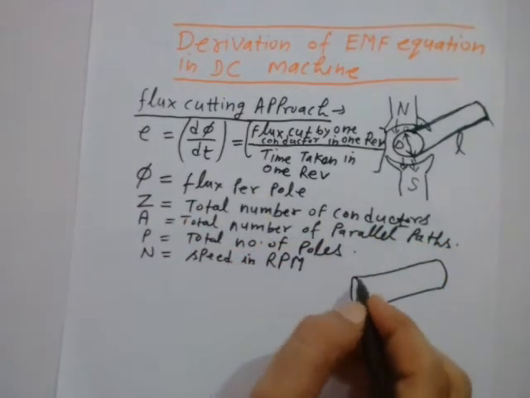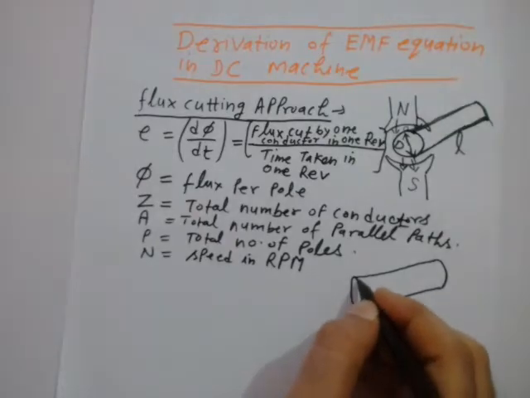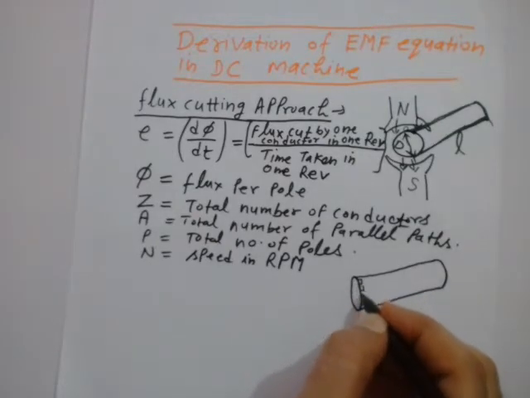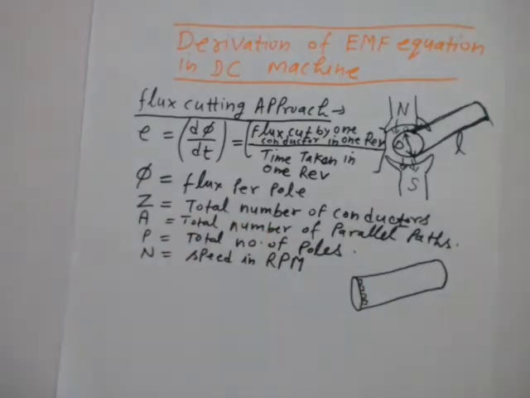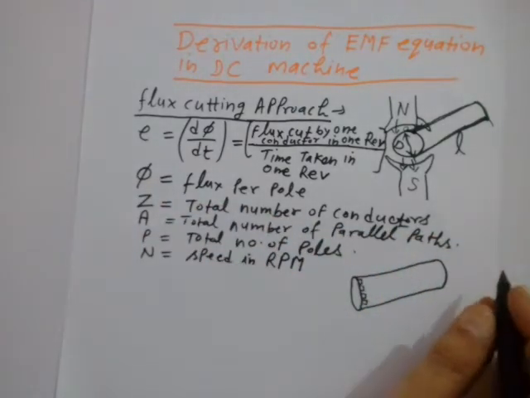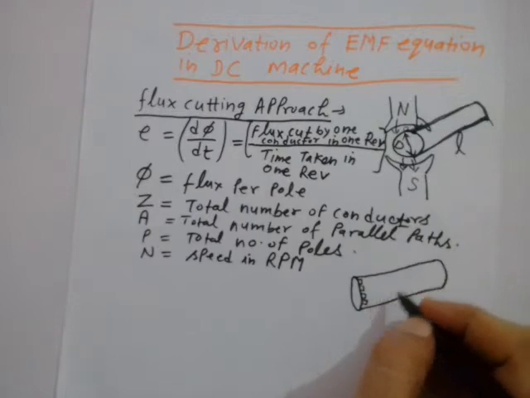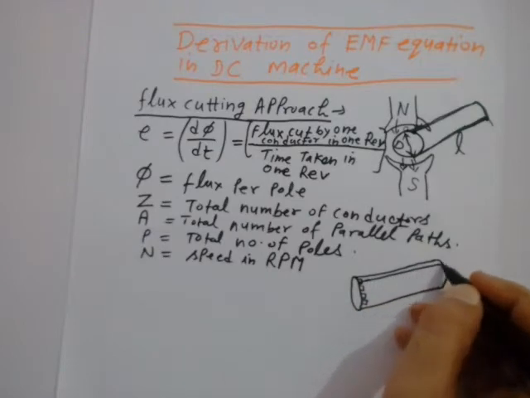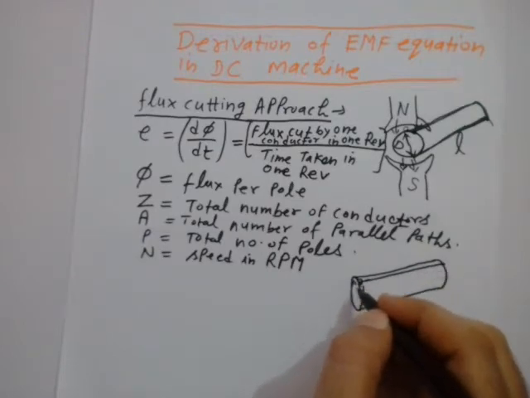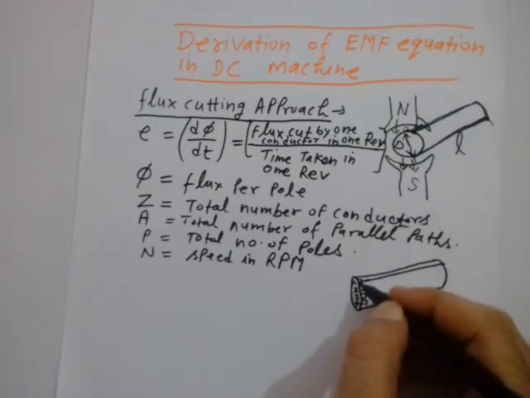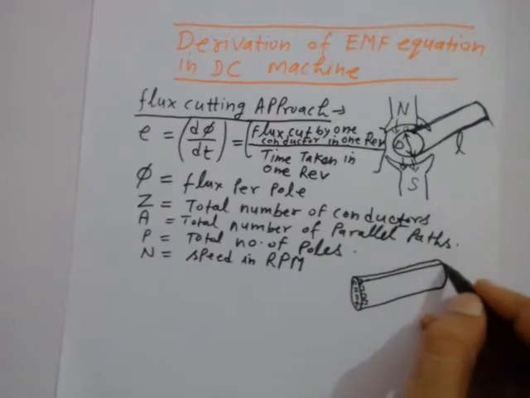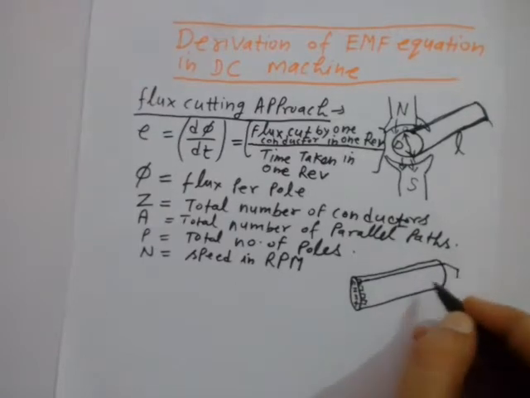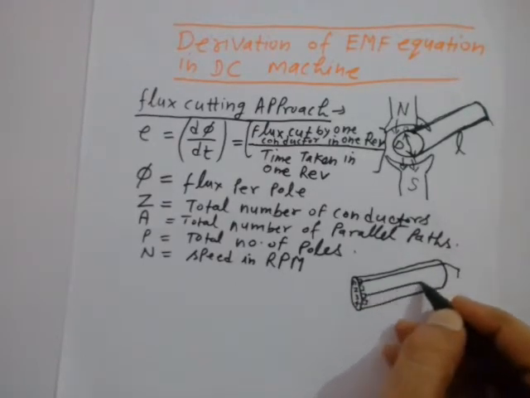If you see the close view of this rotor, it has so many slots, isn't it, like this? And in these slots the different coils are embedded like this. Suppose this is slot number 1, slot number 2, slot number 3, slot number 4, right? So in these slots the coils are embedded like this, all right?